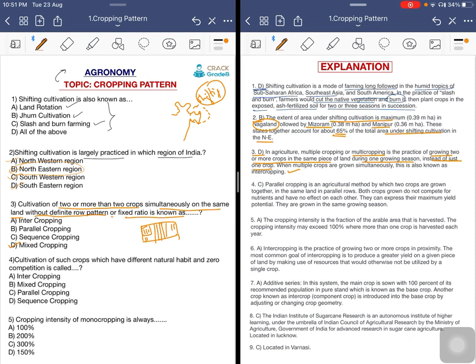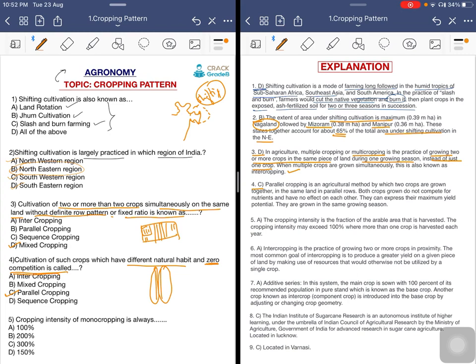Cultivation of such crops which have different natural habits and zero competition is called, okay, this is the next question. The answer is C, that is parallel cropping. The natural habit of this row of plants and that plant is entirely different, and there is zero competition at all. They do not have any antagonistic or synergistic, that is beneficial or disadvantageous, activity. It is called parallel cropping.